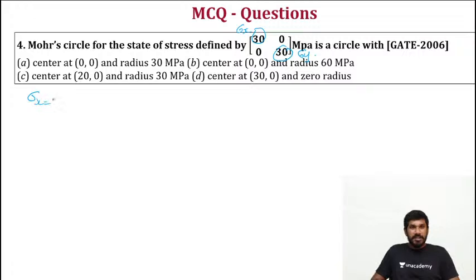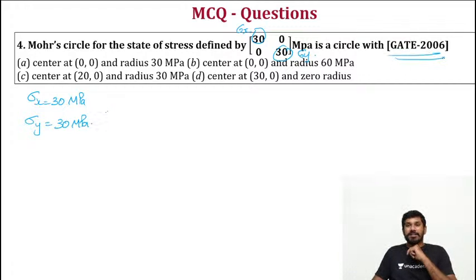Sigma x is 30 megapascal, sigma y is 30 megapascal. Both are given as 30 and 30 megapascal, right? This question is from the 2006 question paper. Now you have to calculate the center point and the radius of the Mohr circle.